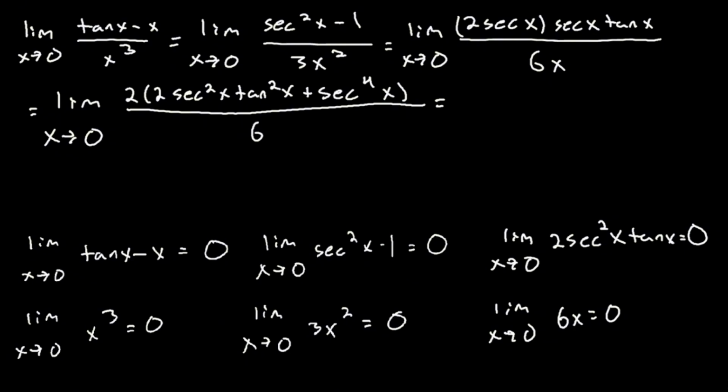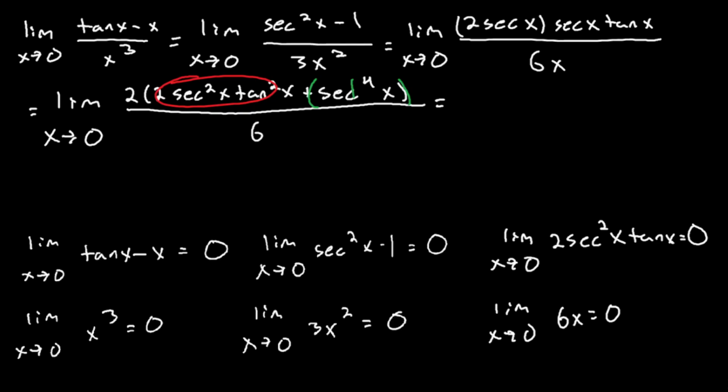Your denominator no longer equals 0. So let's try to plug in 0. Well, if we plug in 0 into this tangent term, you just get 0. So everything in this term zeroes out, right? So all you get left off with is 2 times secant to the power 4 of x over 6. Well, as x approaches 0, secant gives the value 1, and 1 to the power of 4 is just 1.